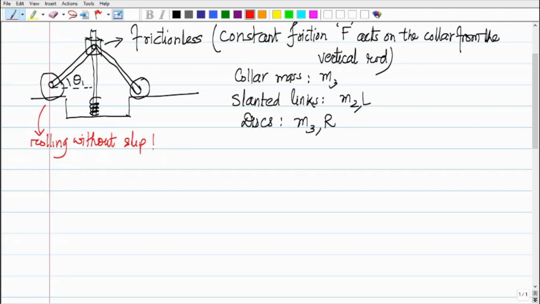So if we say that the velocity of the collar is v, then the angular velocity of the link and the translational as well as angular velocity of the disk, they are all completely set just by the velocity of the collar. So it's in a sense a single degree of freedom system. So just the velocity of the collar is the only unknown for which perhaps you need just one equation, right? One unknown, so one equation should be sufficient.